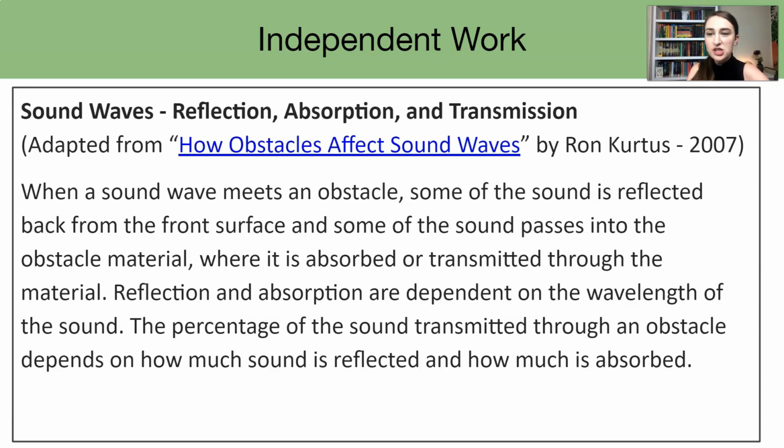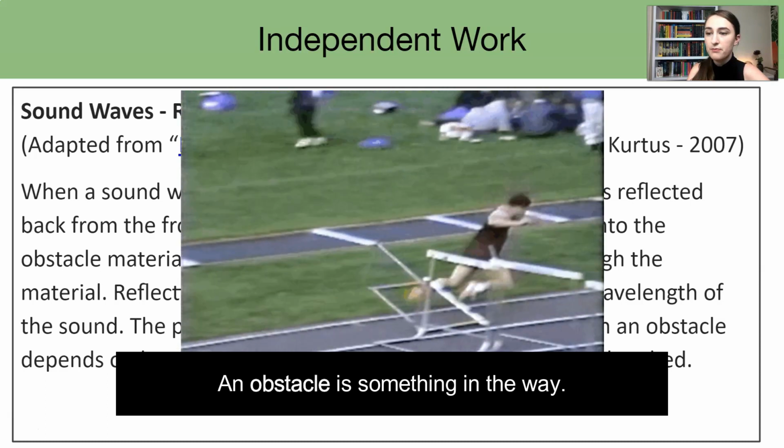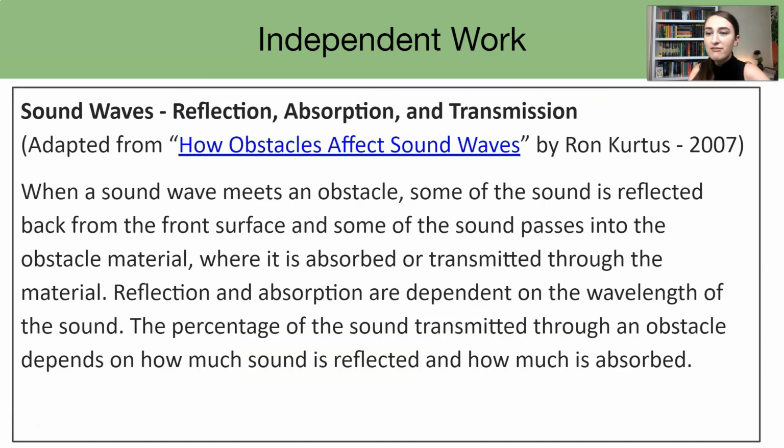Sound waves, reflection, absorption, and transmission. Adapted from How Obstacles Affect Sound Waves by Rob Curtis, 2007. When a sound wave meets an obstacle, some of the sound is reflected back from the front surface, and some of the sound passes into the obstacle material where it is absorbed or transmitted through the material.